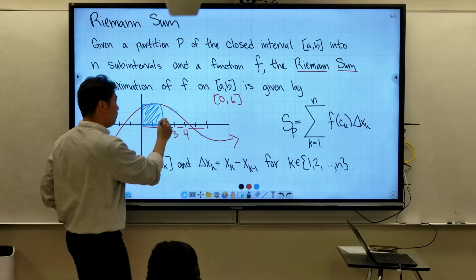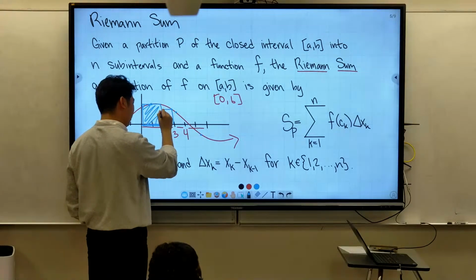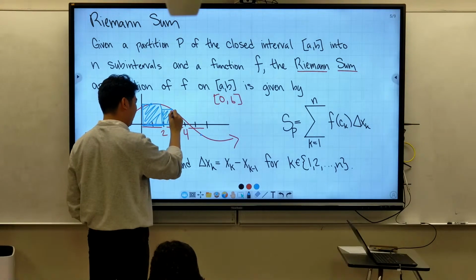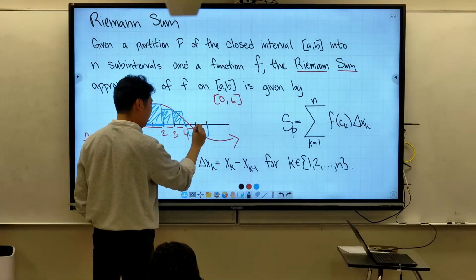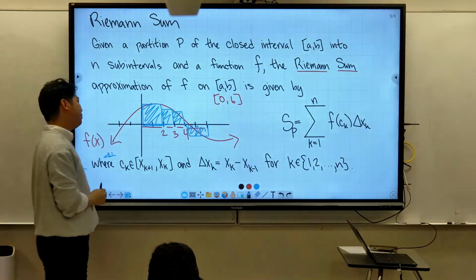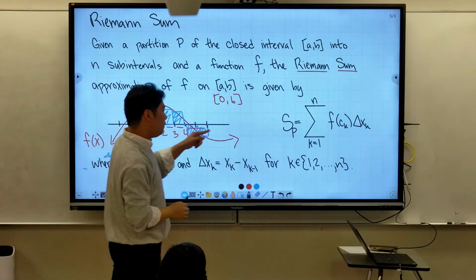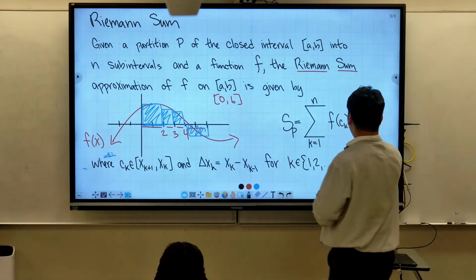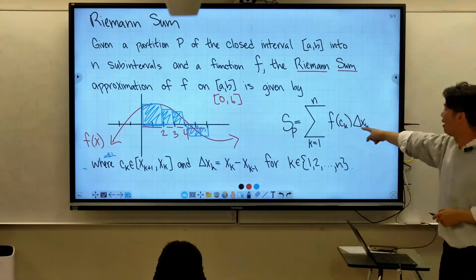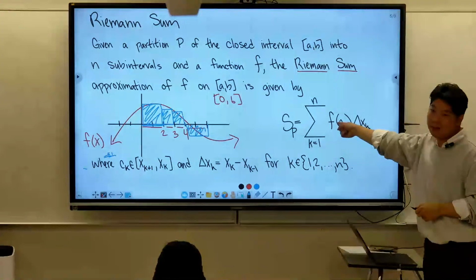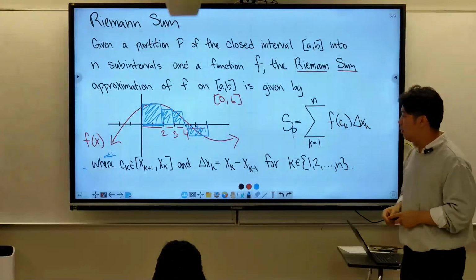And then I can do the same thing for the rest of these, for example. I'm just doing this very arbitrarily. And then we chose this last one like that. So each of these individual boxes that I drew is height times width. And then I add them all together because it's a sigma.